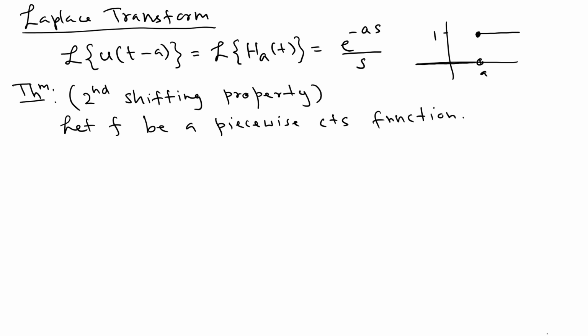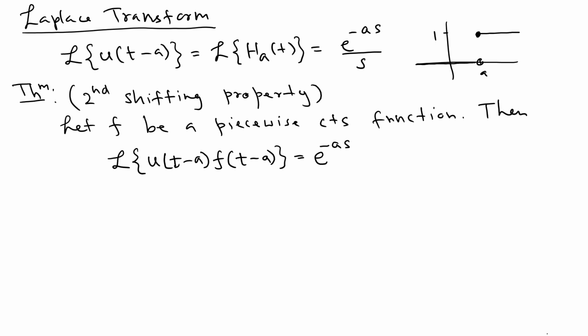Then the Laplace transform of u(t minus a) times f(t minus a), you can see they have the exact same format, is simply equal to e to the minus as times the Laplace transform of the original function f(t).